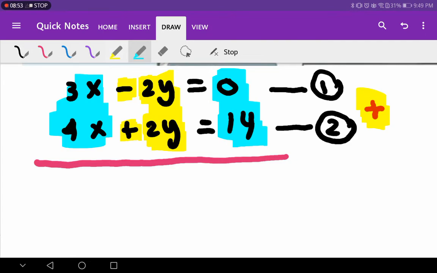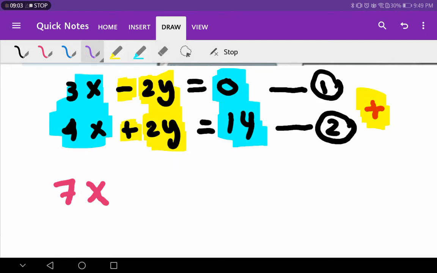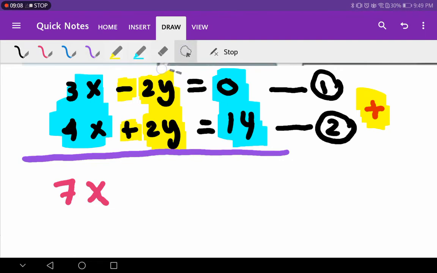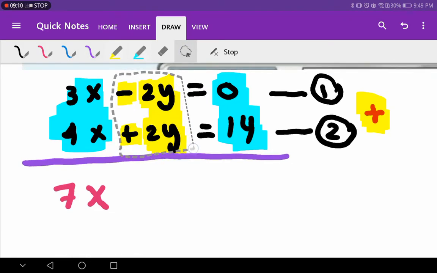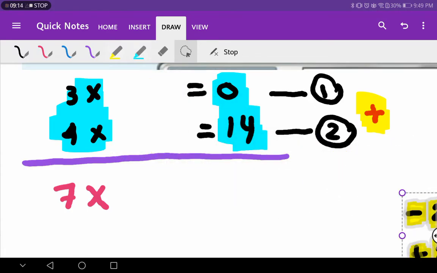Okay, let's go. 3x plus 4x equals 7x. Bravo. Now you must be happy when you see this, because you will throw it in the garbage or eliminate it.